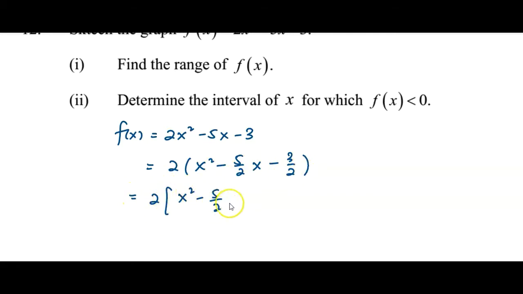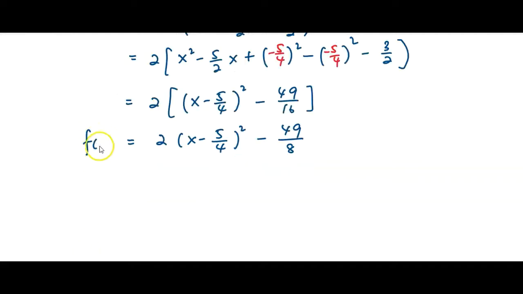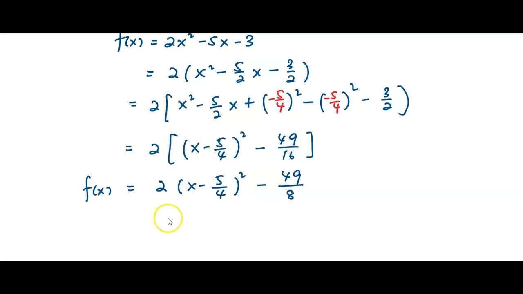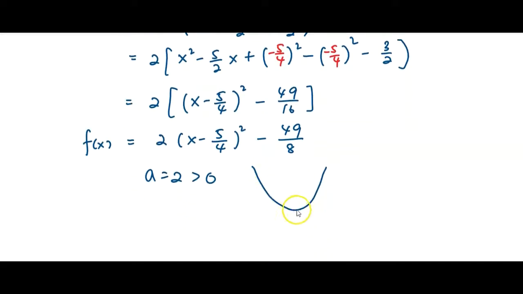After we have completed the square, we have f(x) in this form. And this shows that a is equal to 2, which is greater than 0, so this graph has a minimum point. Now, the minimum point will be given by 5 over 4, negative 49 over 8.